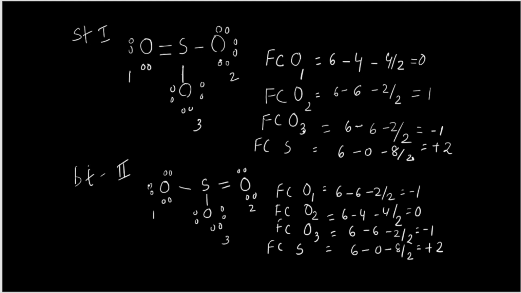For oxygen 3, the valence electrons are 6 minus 6 minus 2 by 2, so minus 1. What is the formal charge of 3?